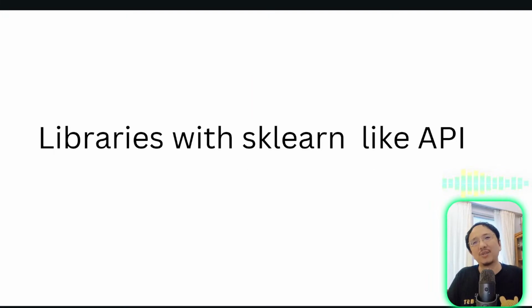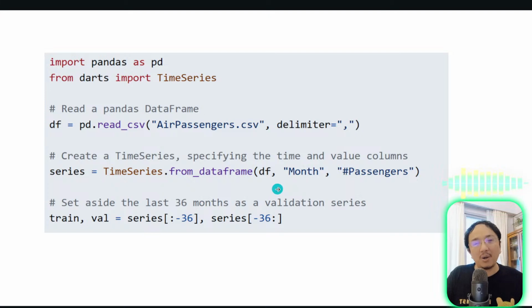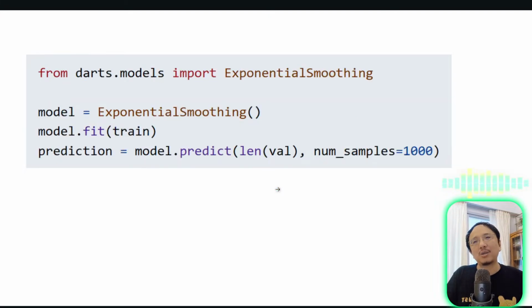It contains a lot of different algorithms. As you can see, it works very well with pandas. It can construct time series from a data frame or from a NumPy array, so it has a time series data object. And when you want to do the training, you can simply use a scikit-learn-like interface to do the fit and the predict.